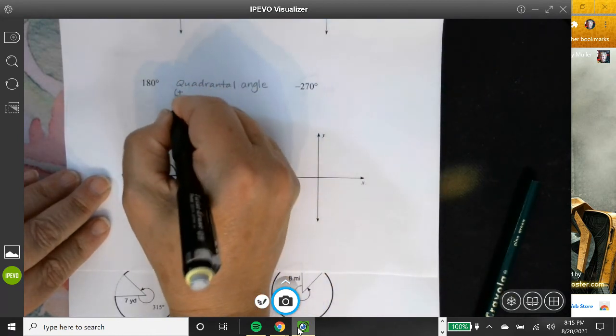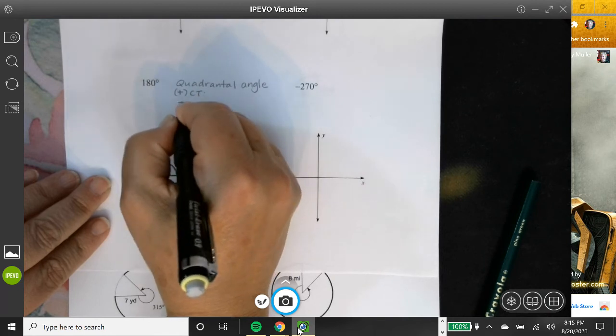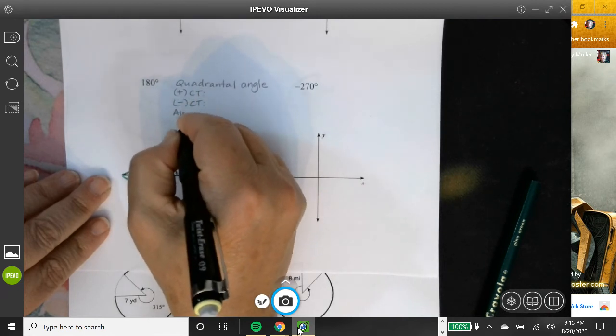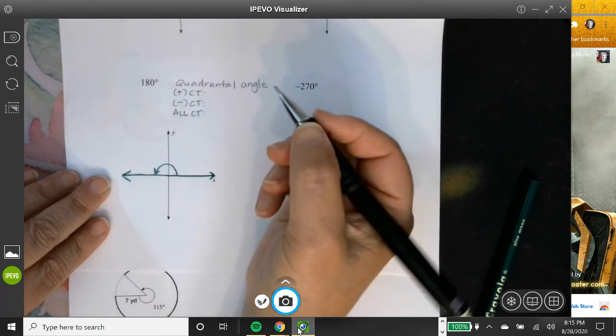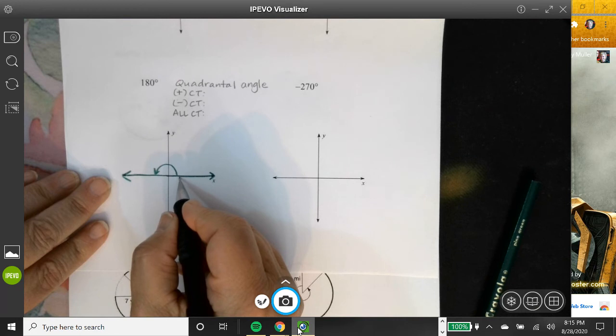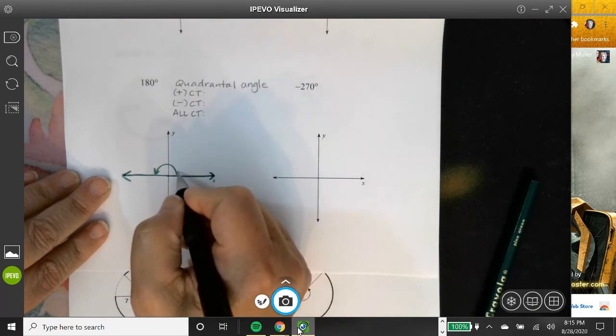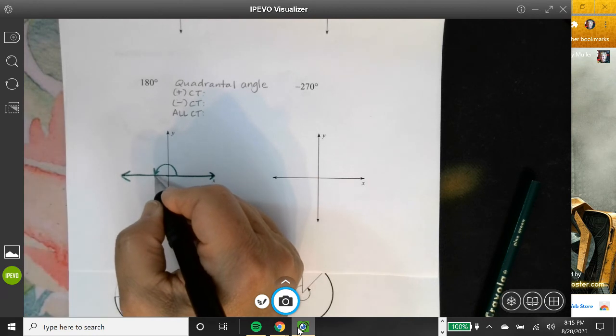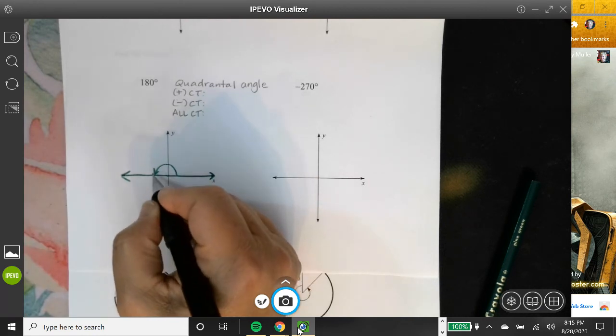In a positive coterminal, a negative coterminal, and an expression for all coterminals. All right, so a positive coterminal would be if I'd have to go around more than once, right? So this would be a positive 180. So I have to go 360 degrees more to hit that terminal side again.